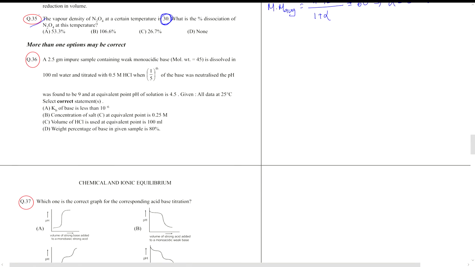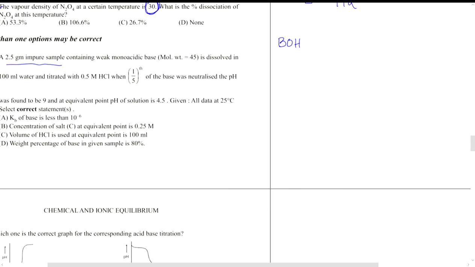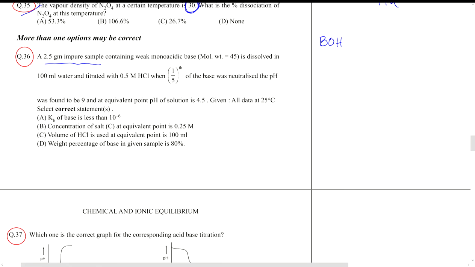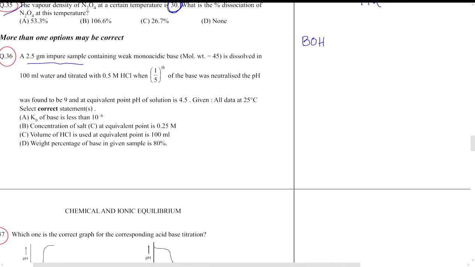Question 36. We have 2.5 gram of an impure sample containing a weak monoacidic base, so we have a base BOH, which is dissolved in 100 ml water.